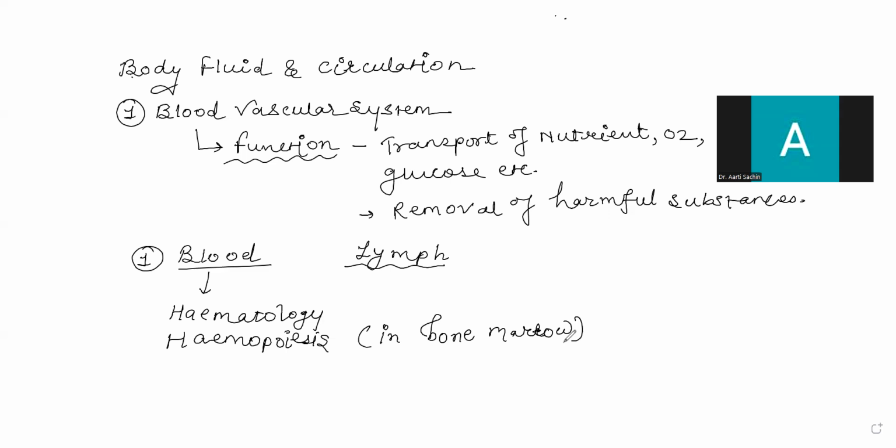Everyone knows the color of your blood. Blood color is red. The pH is 7.4, which means slightly alkaline. By weight, it is 7 to 8% of body weight.